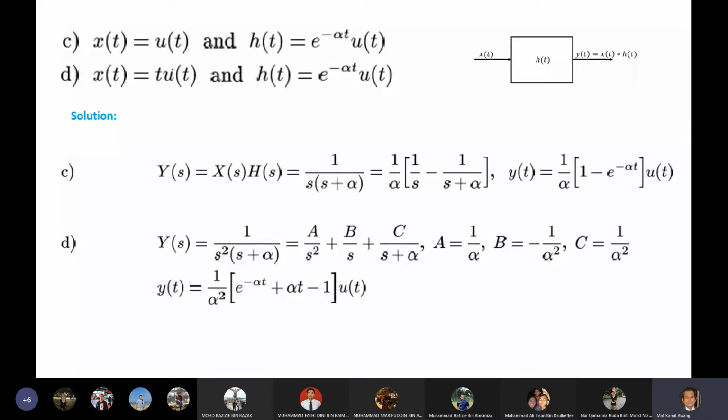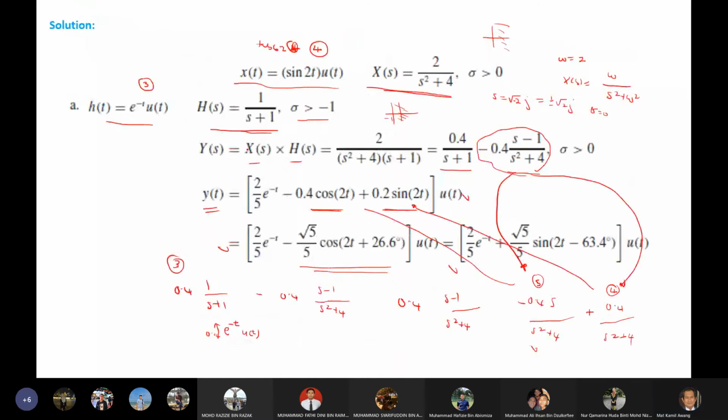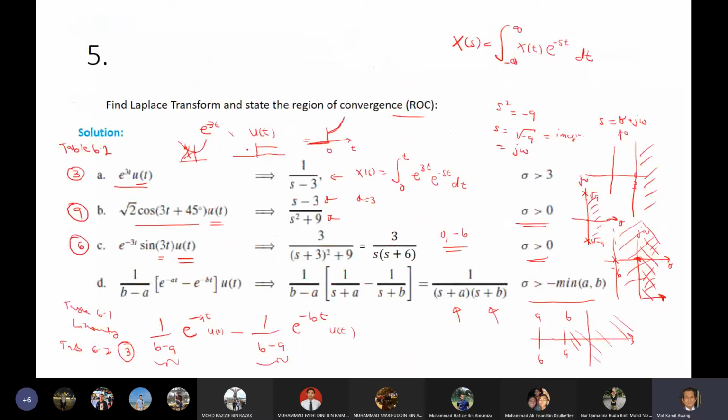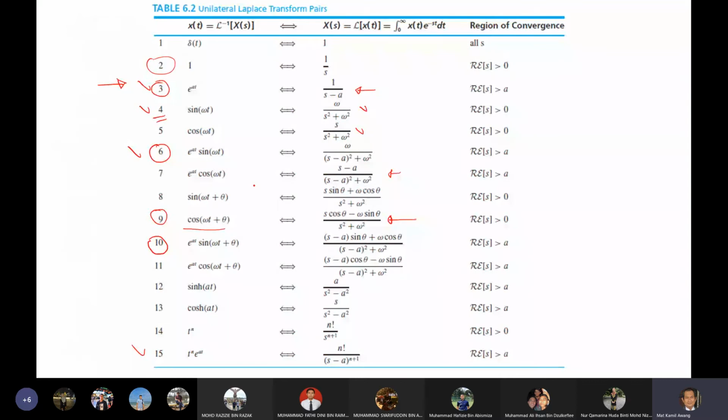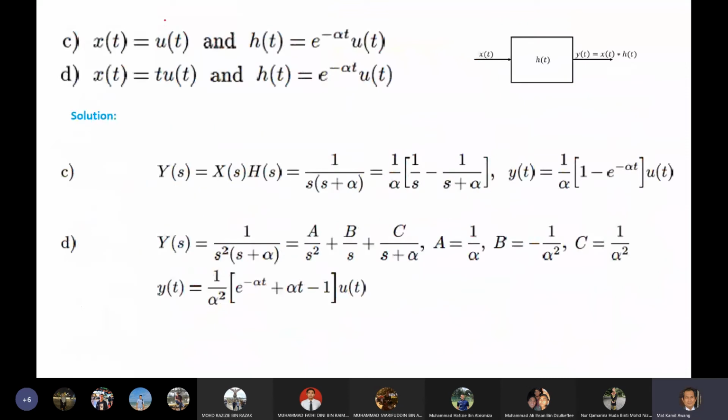Now for the C, same thing. X of s. This one is actually u of t. This you go to the table, use number 2, which is transform, basically becomes 1 over s.